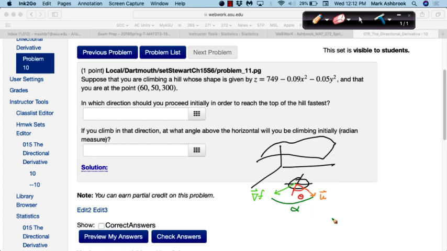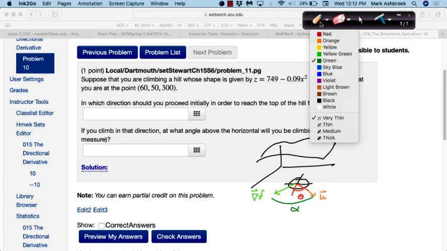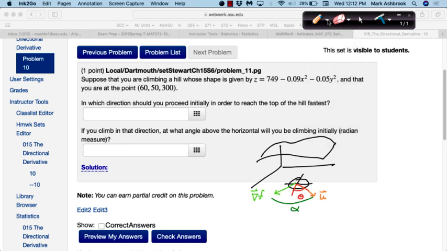Now this is saying if you climb in the direction of the greatest rate of change, at what angle above horizontal will you be climbing initially? So it's asking for an angle. Is that angle theta or alpha? Which is it, theta or alpha?